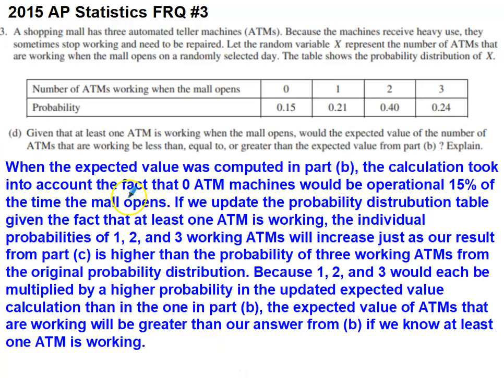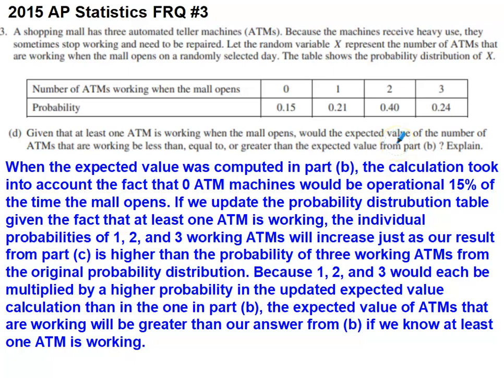Last part of this says that given at least one ATM is working when the mall opens, so this is a continuation of what we were dealing with back in part C, would the expected value of the number of ATMs that are working be less than, equal to, or greater than the number expected from part B? Explain.